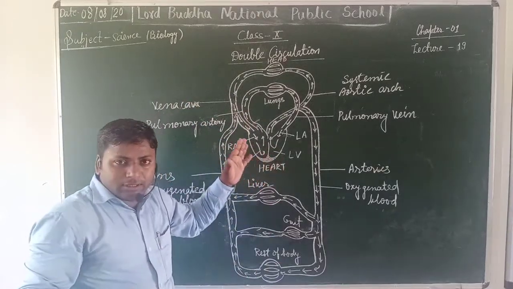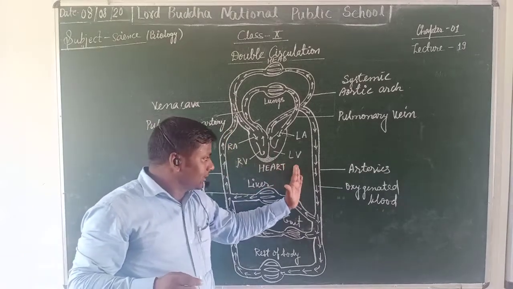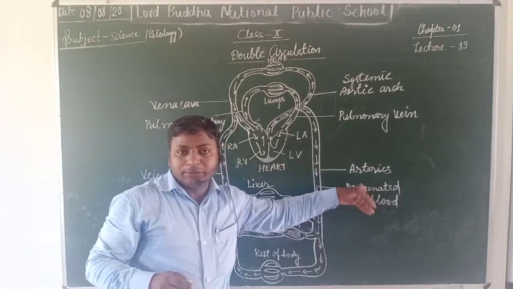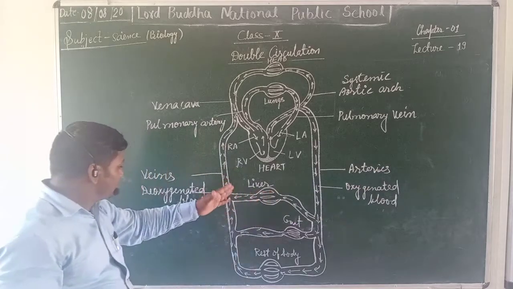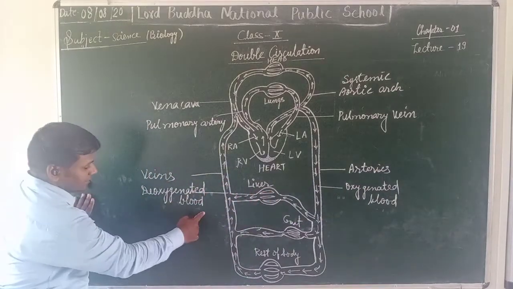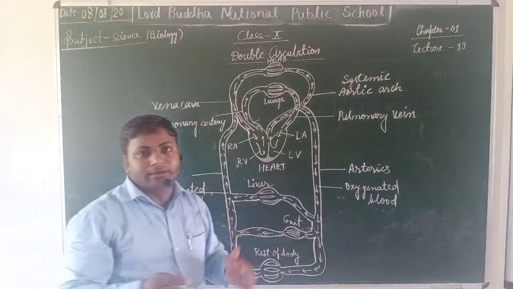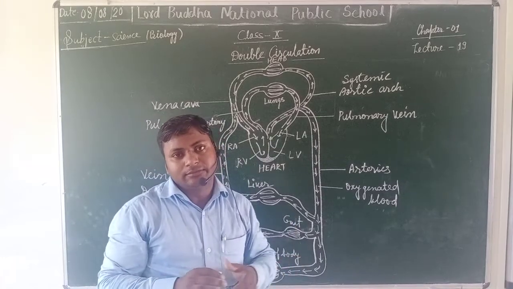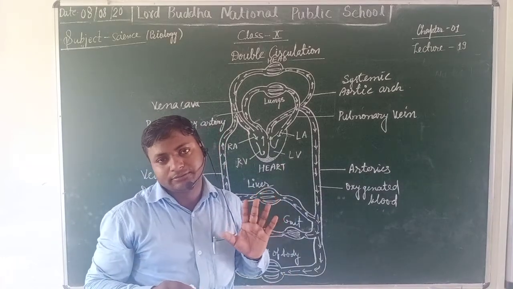Thus, always the arterial blood, it means oxygenated blood, and the venous blood, it means deoxygenated blood, never mix at any point.